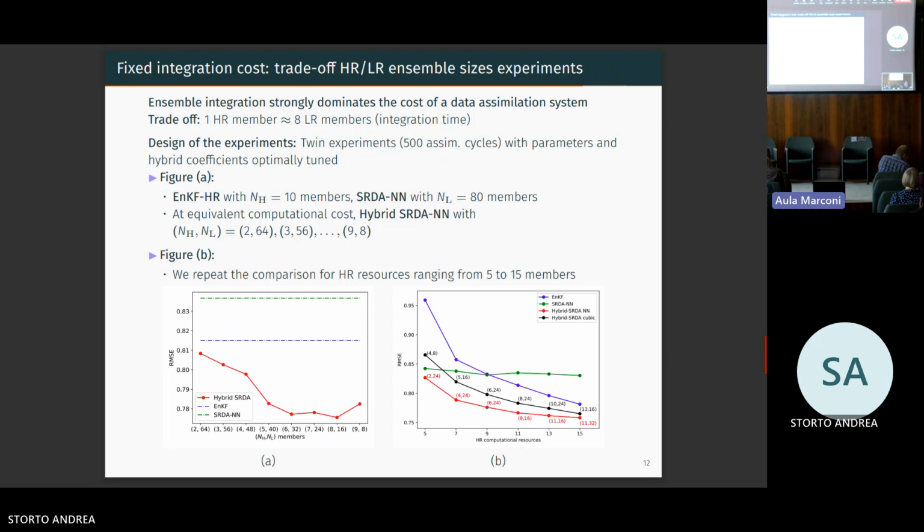And so we assume that it does not modify much the mean of the ensemble. We do the validation in the high resolution.